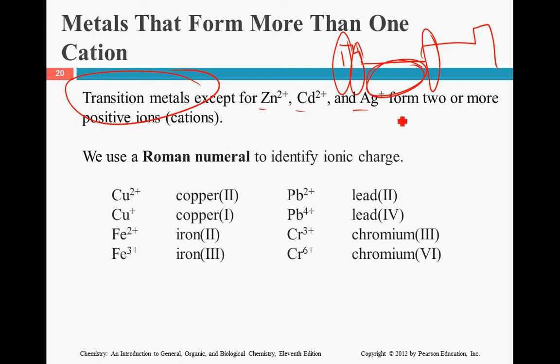And that's because those charges can change. Because the charges change, we need Roman numerals to tell you what the charges would be. For instance, copper could be a +2 or a +1. Iron could be a +2 or a +3. The fact that they change means that we have to tell whoever we're talking to, the other scientists, what the charge is.